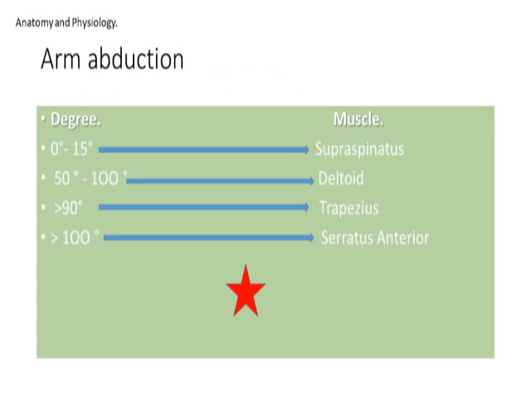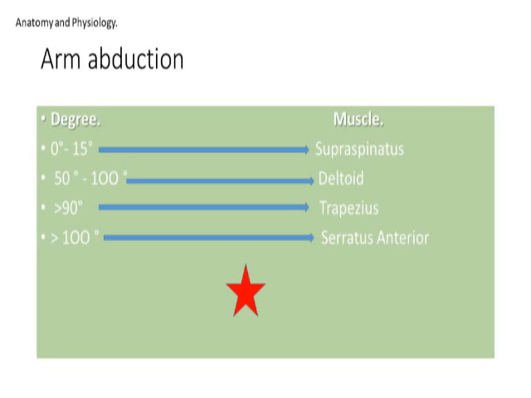Here we have the fourth slide. Here we are going to talk about arm abduction. There are various degrees of arm abduction, and we're going to begin with 0 to 15, 15 to 90, and more than 90 degrees. For 0 to 15, the muscle that intervenes is supraspinatus.